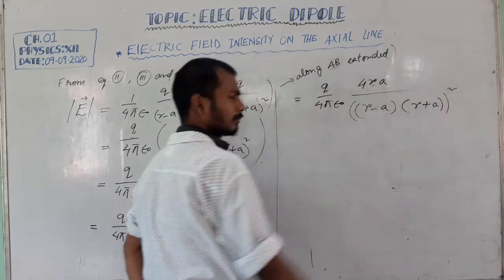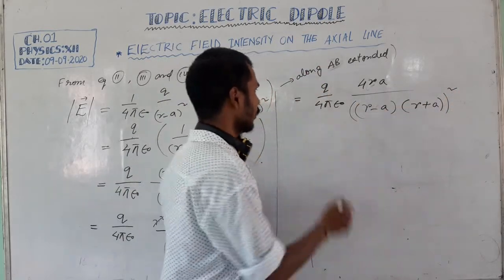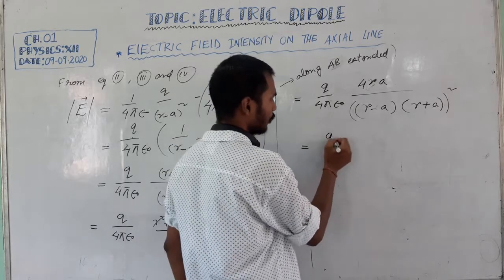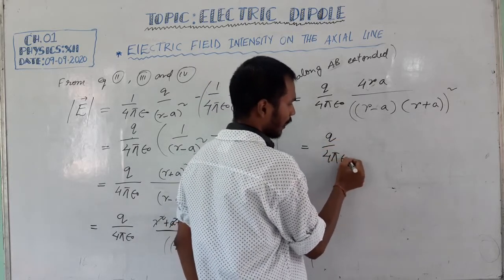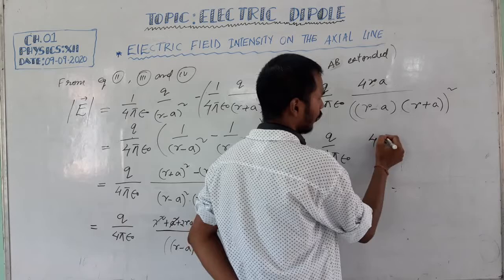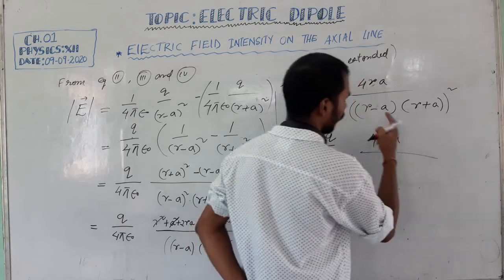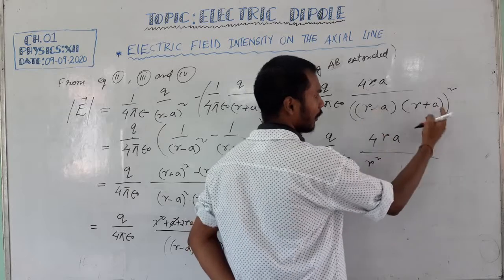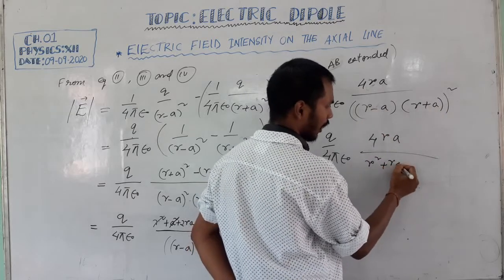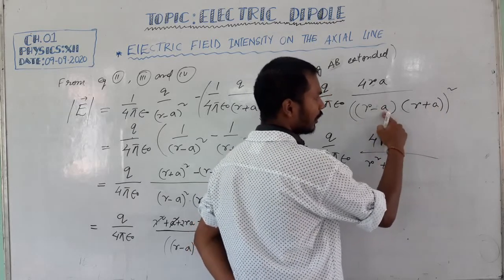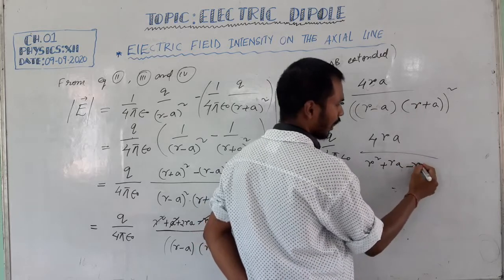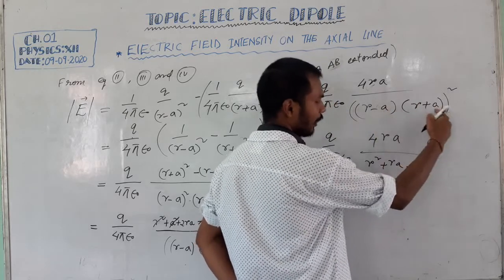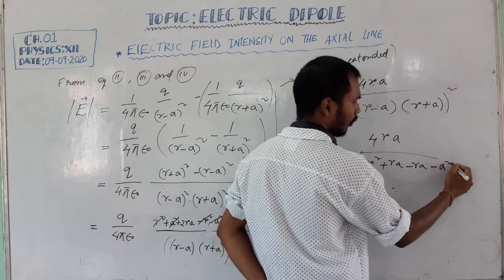Now solve inside this bracket. So we will have q by 4 pi epsilon naught, 4 r a by r into r, r into a plus r a, minus a into r, minus r a, minus a into a, minus a whole square.